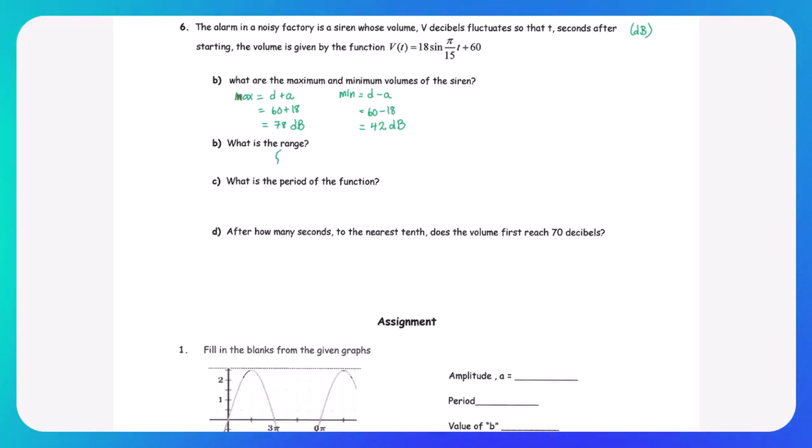You know this too. Y such that 42 is less than or equal to Y is less than or equal to 78, where Y is an element of the real numbers. So close, we're almost done. What is the period?